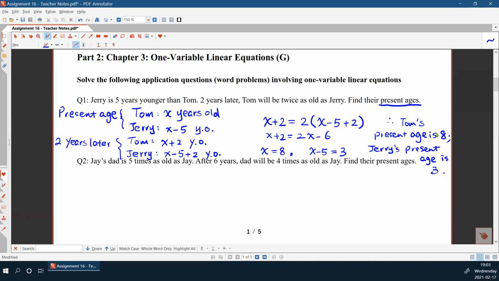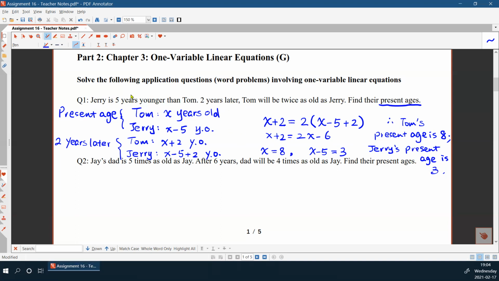And usually you can always check a result to see if the results are correct, right? So let's take these values back. First of all, Jerry is 5 years younger than Tom. So 3 is 5 years younger than 8, right?